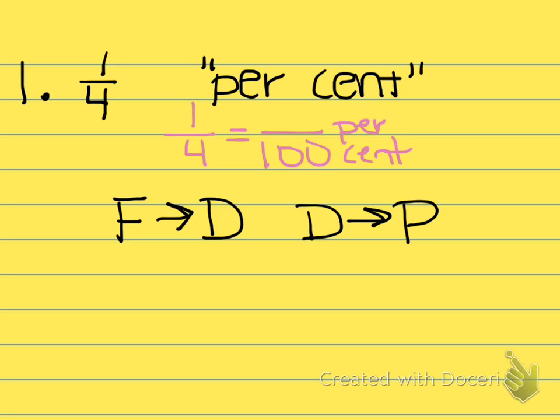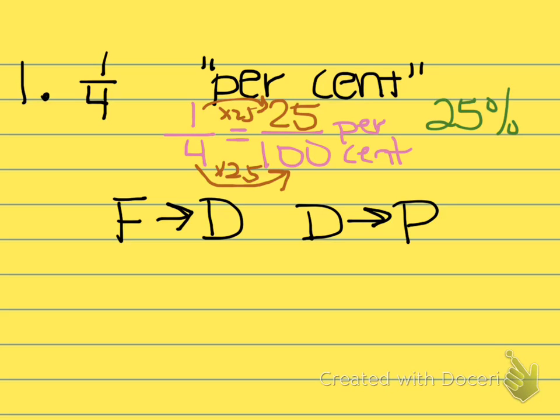To go from 4 to 100, we multiply times 25, and what we do to the bottom, we do to the top, so 1 times 25 is 25, and we have 25%, written with a percent sign.